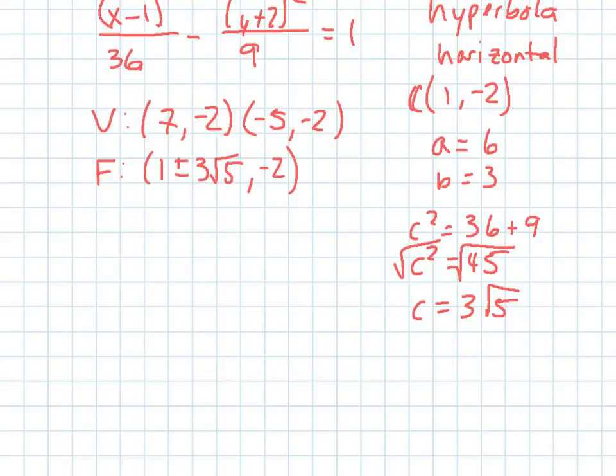Okay, and then for your asymptotes, now these ones are a little bit more tricky because you want to be able to state what the equation actually is. So you use the same stuff that you have at the top. So y plus 2 is going to be equal to, remember it's plus or minus. So here, because your axis is horizontal, that means you're rising with B and moving to the right A. So then that means it's 3 over 6, which reduces to 1/2.